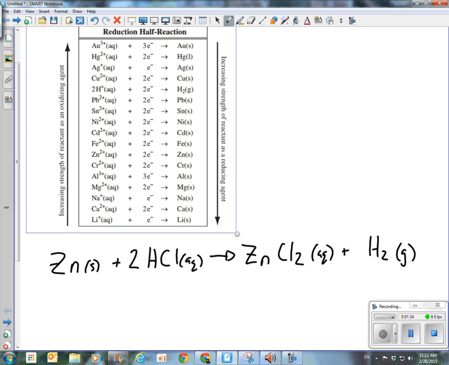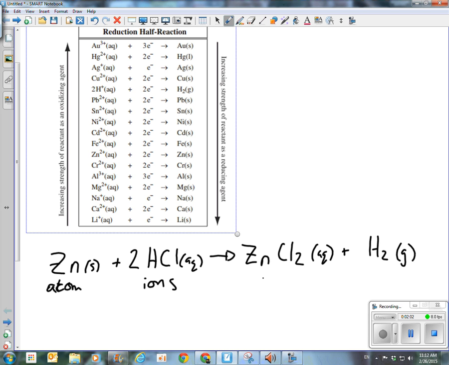Let's start out by talking about what happens when something is aqueous. If it's aqueous, it's probably dissociated in water. So right now, the zinc is an atom. These would be ions, because they're in an ionic compound.